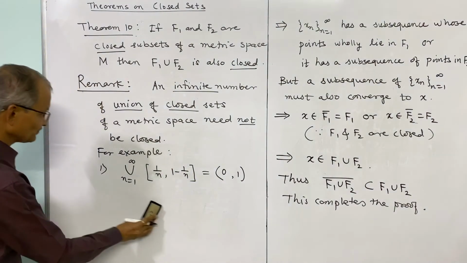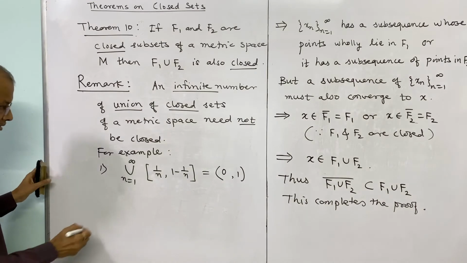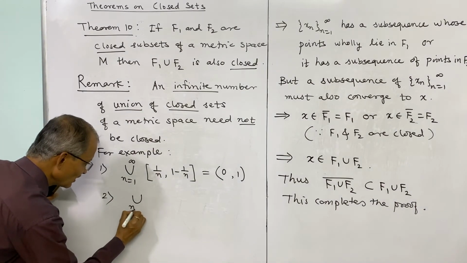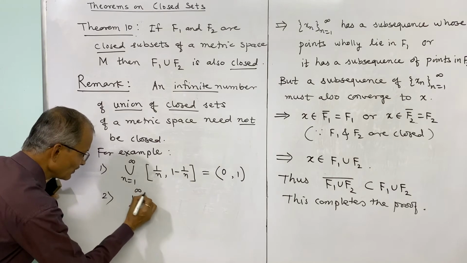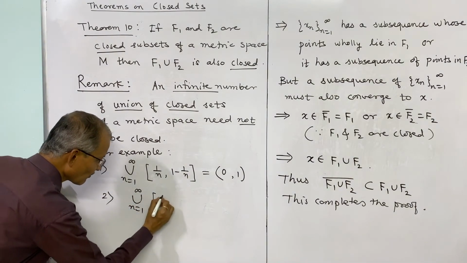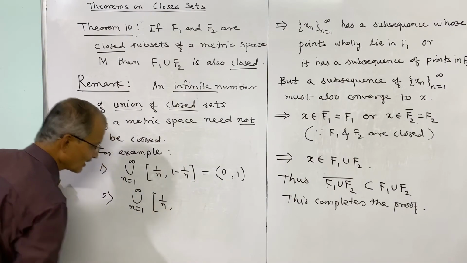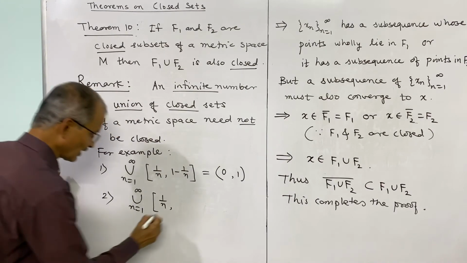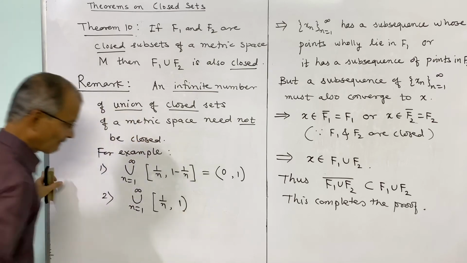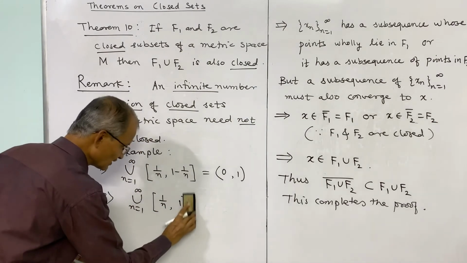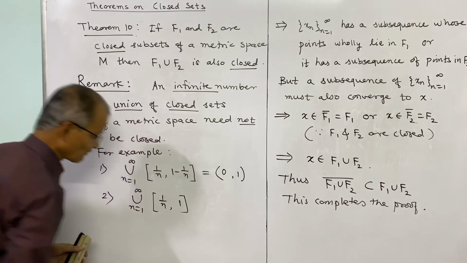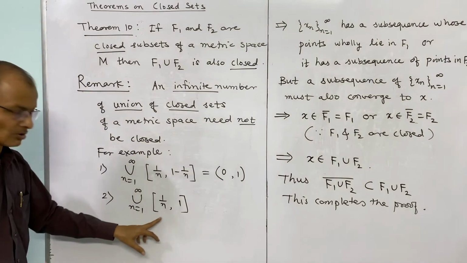So the second example can be considered as the union of n taking values 1 to infinity of [1/n, 1], where this must be a closed interval.